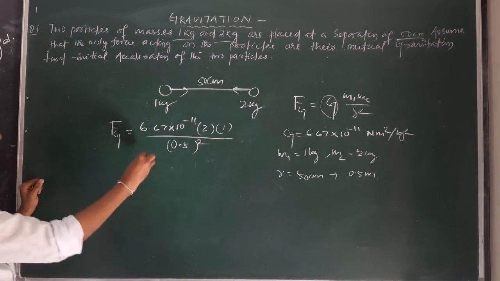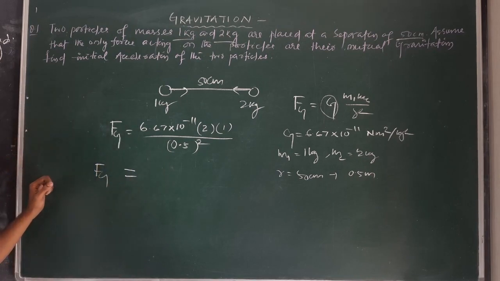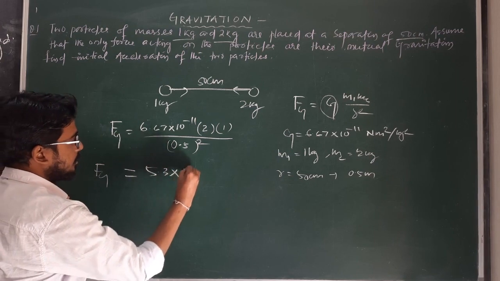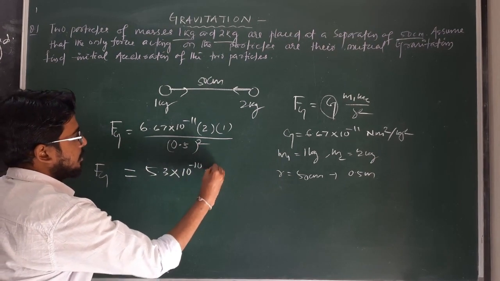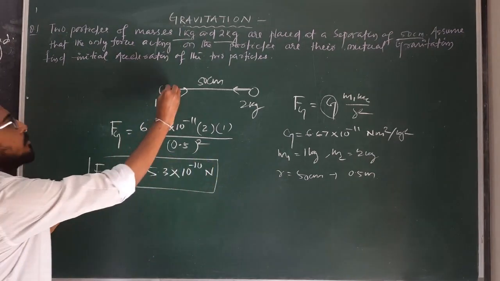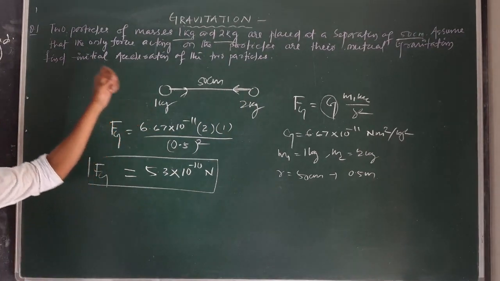Clear? By solving this, we get it as 5.3 into 10 to the power minus 10 Newton. So this is the gravitational force acting on each of these particles due to their mutual gravitation.